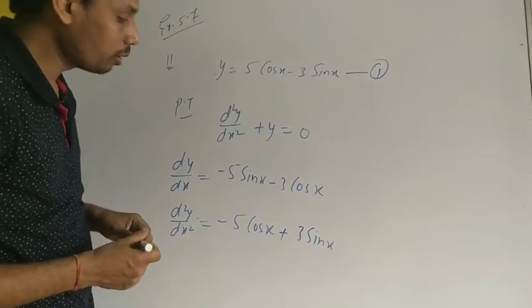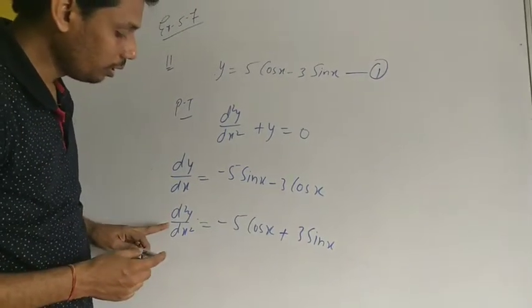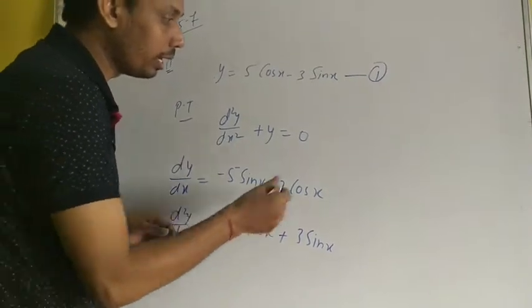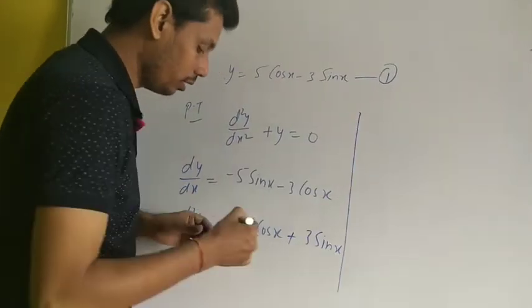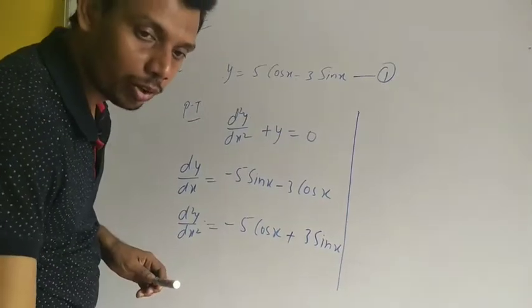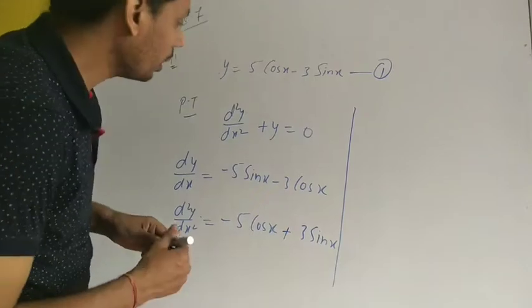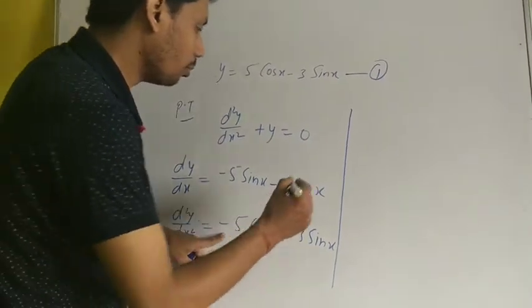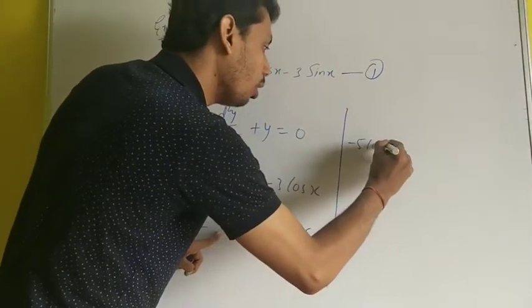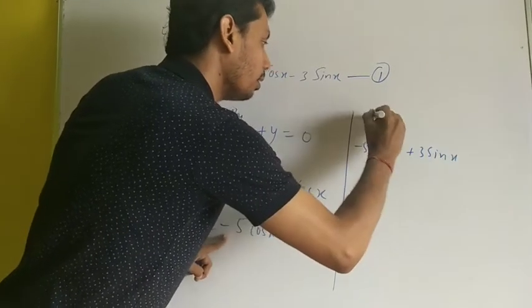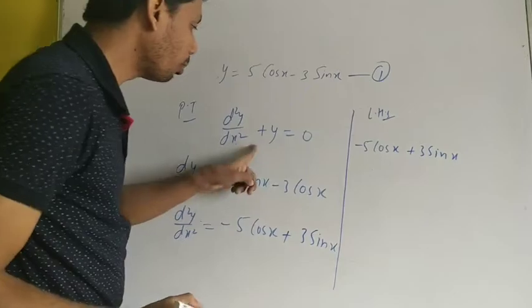So let us substitute the value of d square y by dx square and y in LHS. If we substitute this value, now see what we are getting here. This minus 5 cos x plus 3 sin x in LHS, plus y.